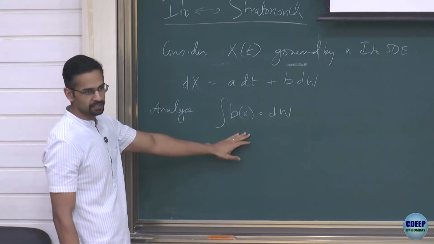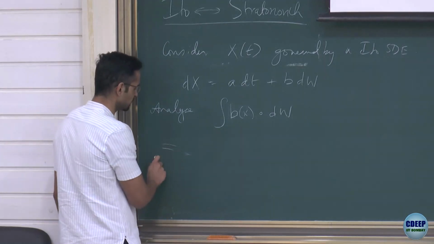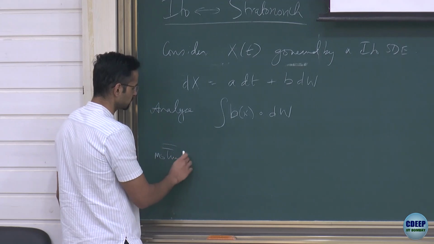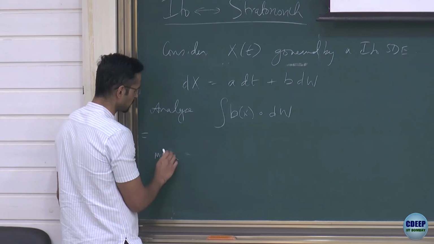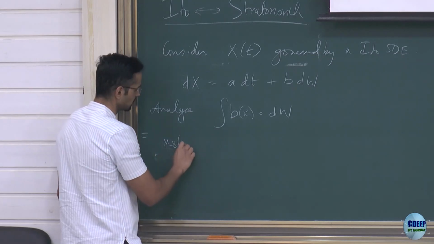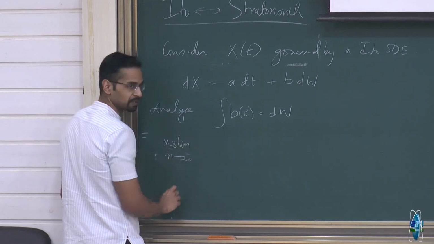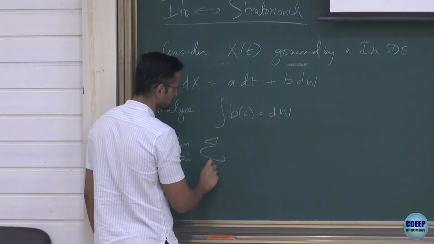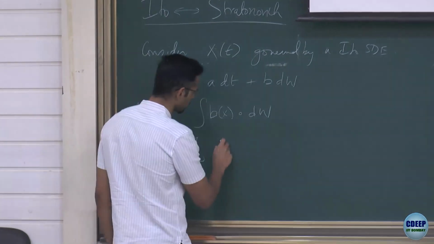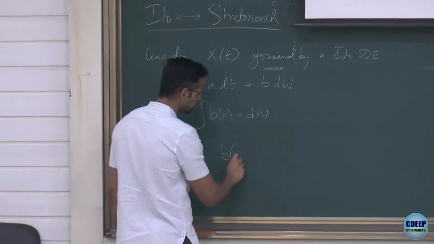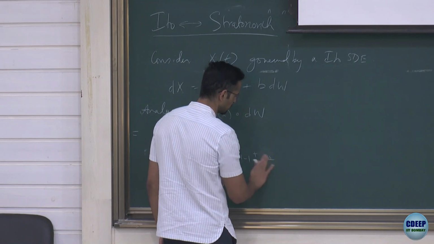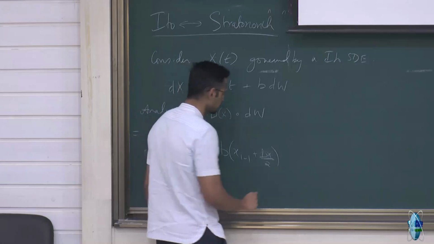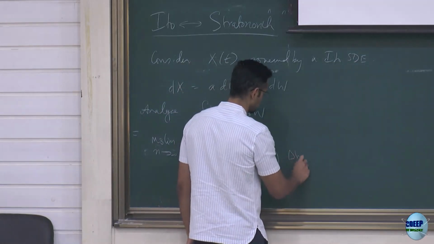Now we know that this is, by definition, the mean square limit of the partial sum, where n goes to infinity. And what is in the partial sum? b will be evaluated at x_{i-1} plus delta x by 2, times the delta w_i.